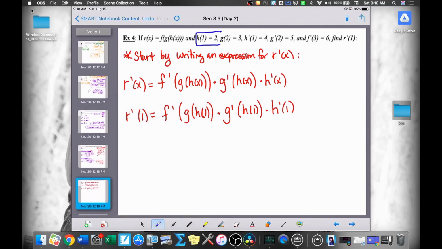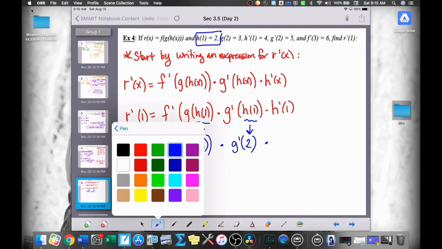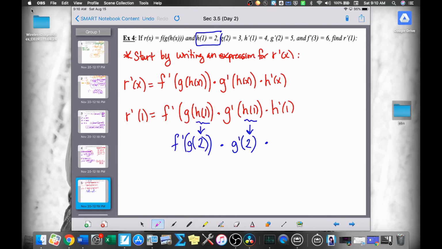h(1) is 2, so right here, this becomes a 2. So now I've got g'(2), and this becomes a 2. So I have g(2) in there. And then h'(1) right here is 4.